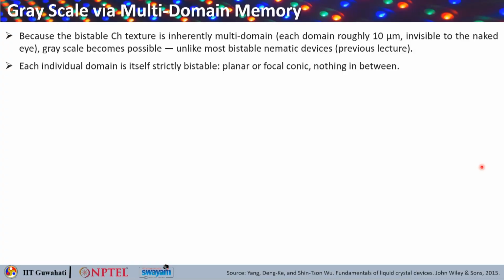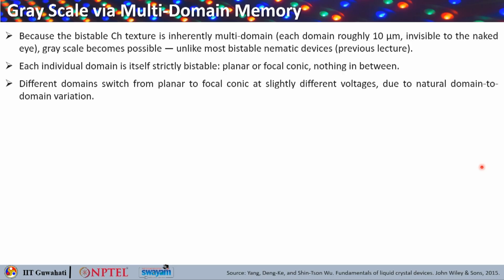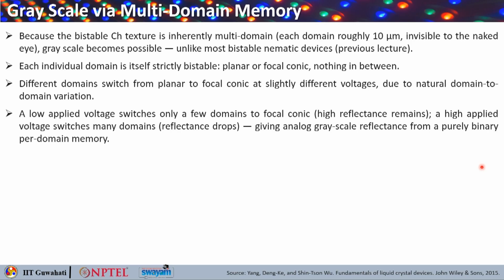Each individual domain is itself strictly bistable, so it can be planar or focal conic, but nothing in between. Different domains can switch from planar to focal conic at slightly different voltages due to natural domain to domain variation.